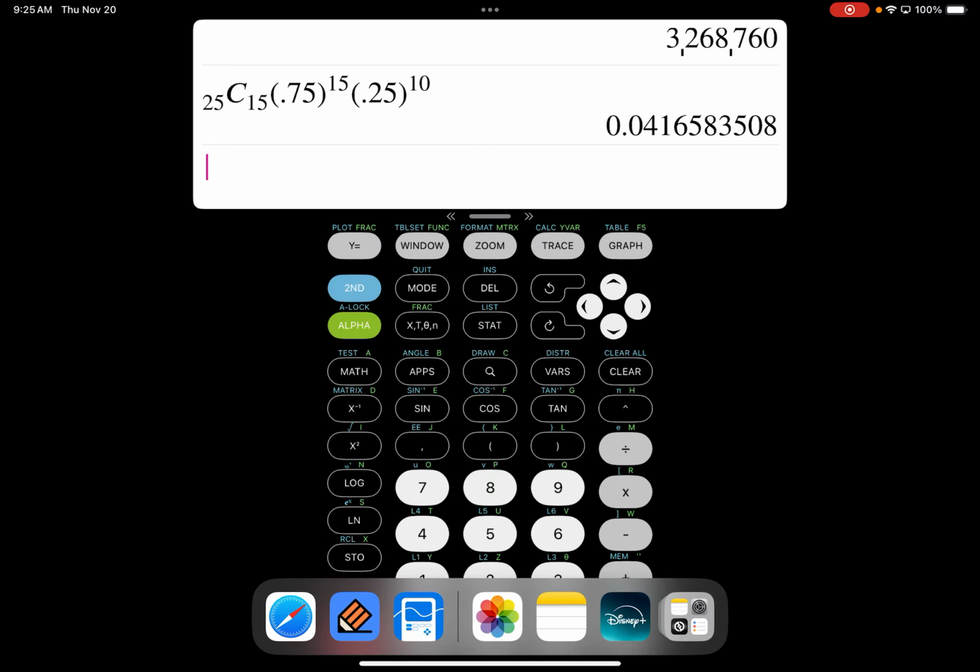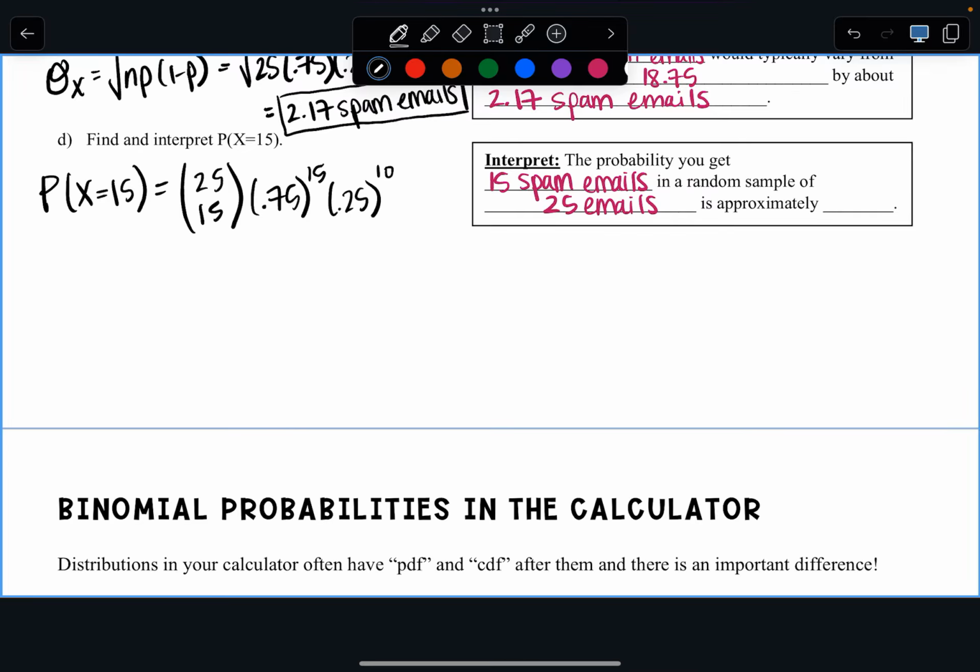Now, just a little disclaimer, most things in this class I round to 2 decimal places. You saw my mean and my standard deviation were 2 decimal places. The only thing that I will always require is that when you're doing a probability, you round it to 4. If you're worried you won't remember when it's supposed to be 4 and when it's supposed to be 2, you can round everything to 4 decimal places.